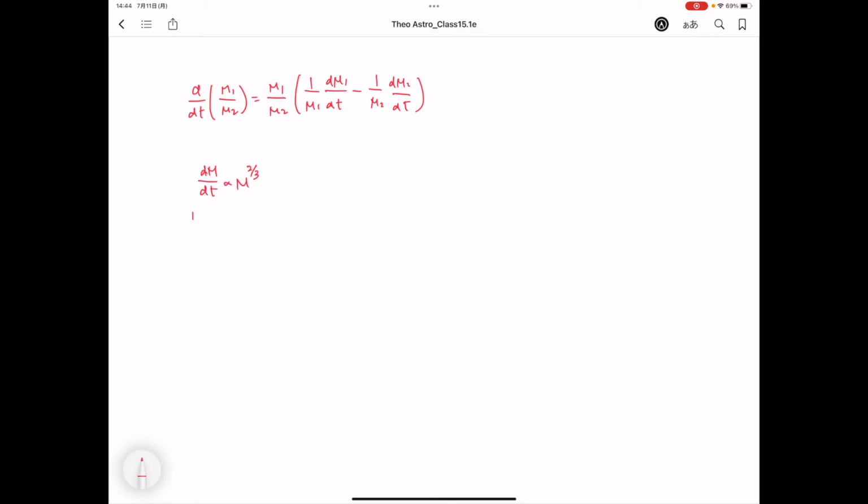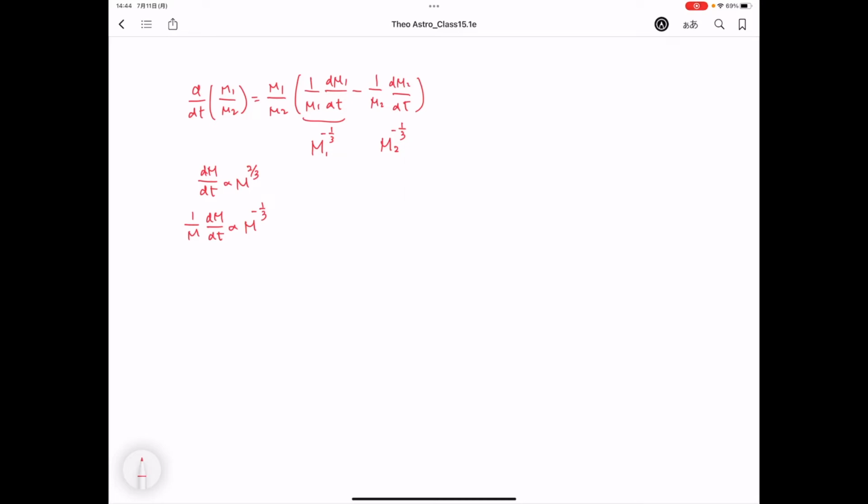So this means 1 over M dM/dt is proportional to M to the minus 1/3. So this part is M sub 1 to the minus 1/3, and this part is M sub 2 to the minus 1/3.